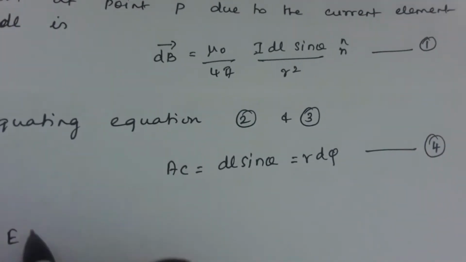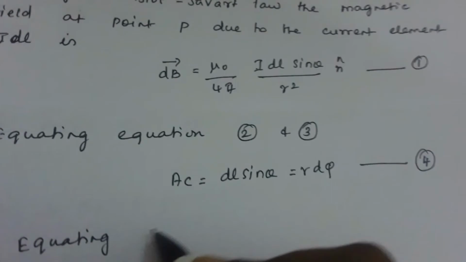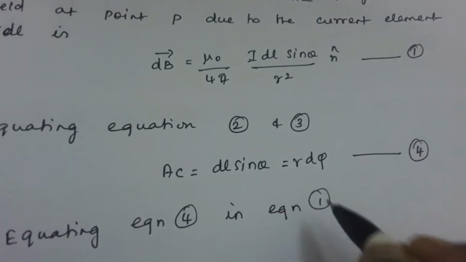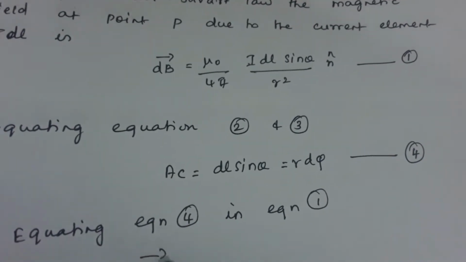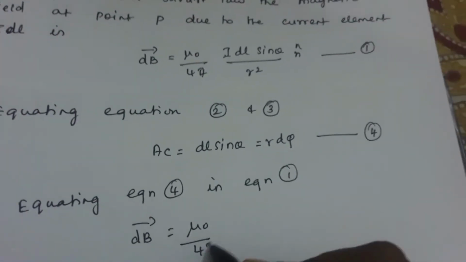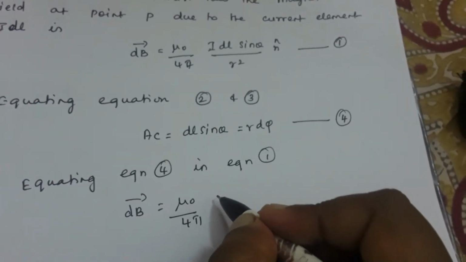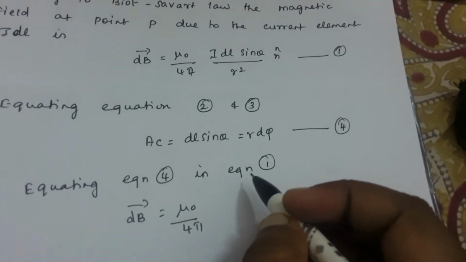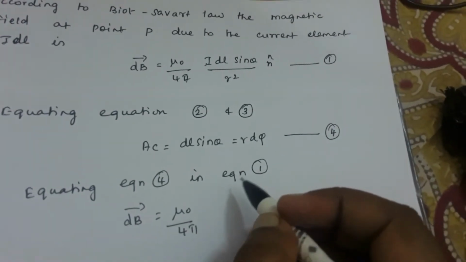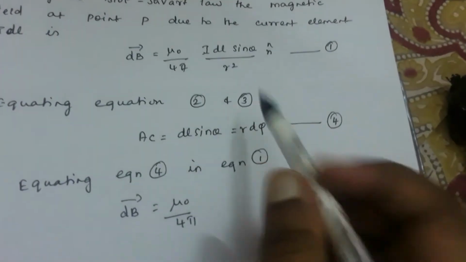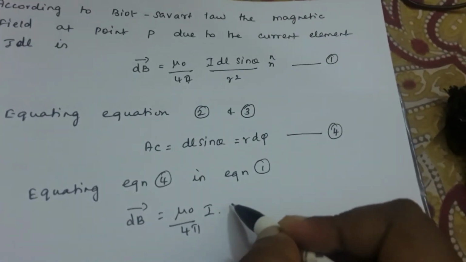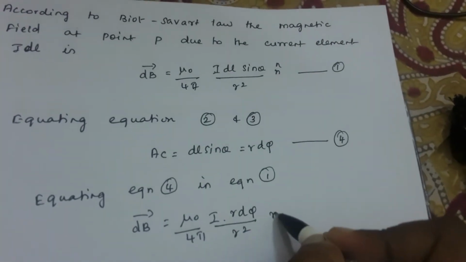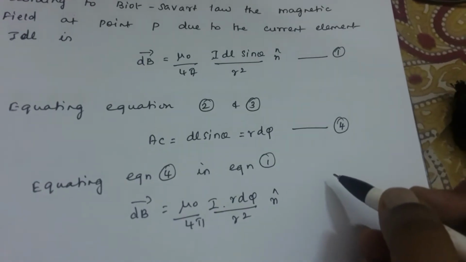So I can write dB vector equal to mu 0 by 4 pi, I, with dl sin theta written as r d phi, by r square, into n unit vector.